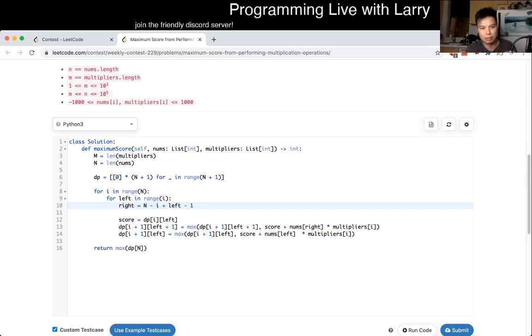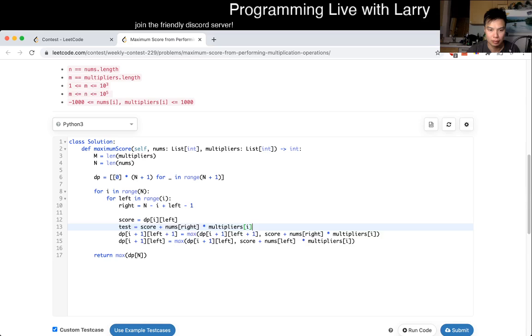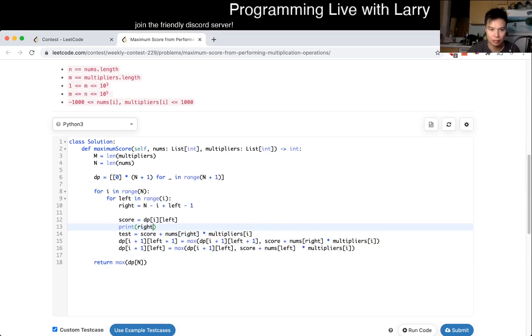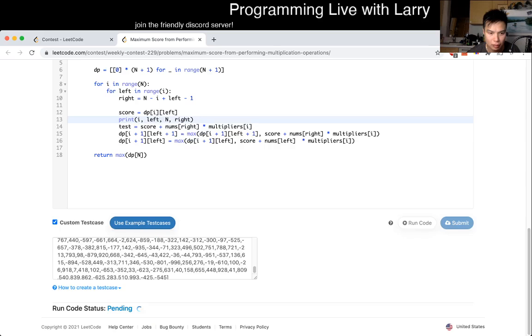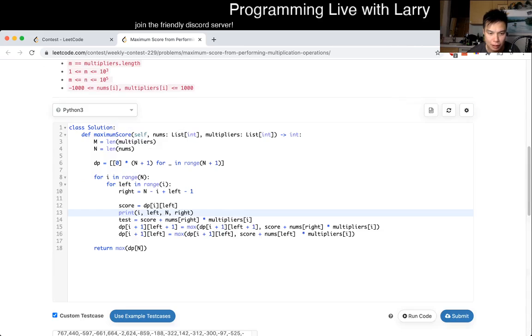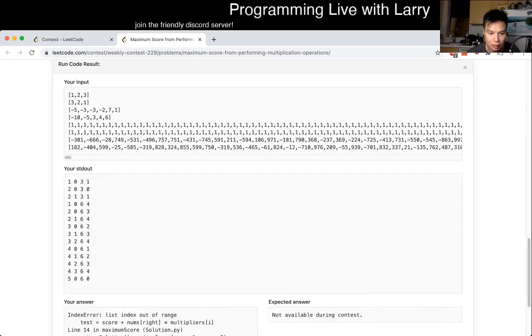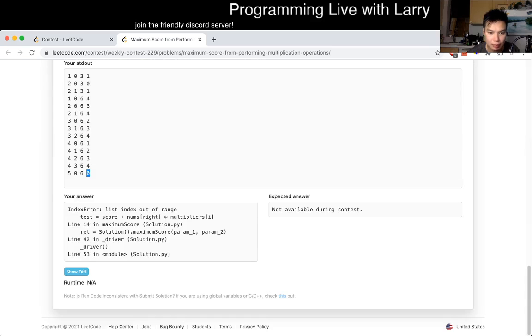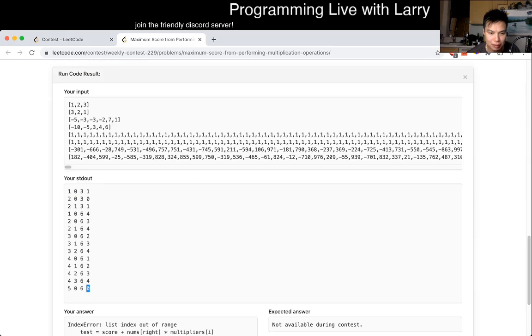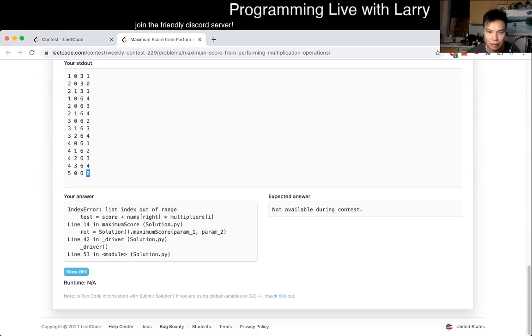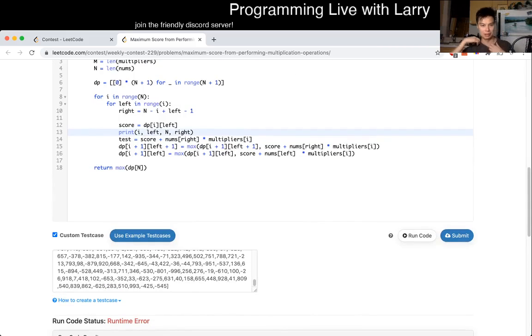Why is this wrong? So, six. What am I doing wrong?